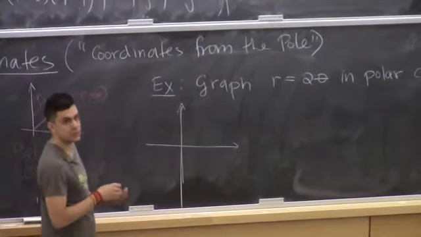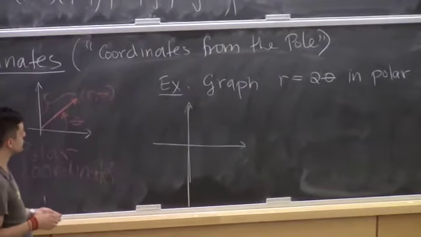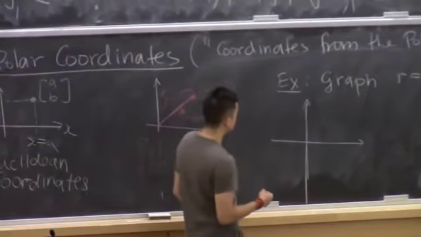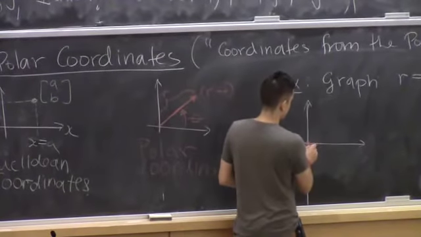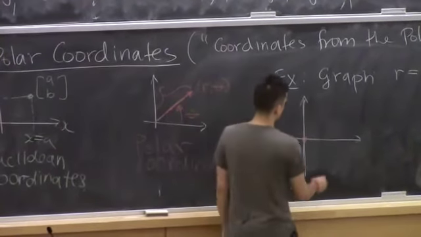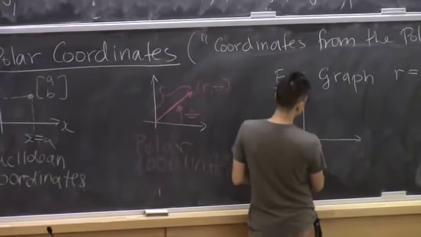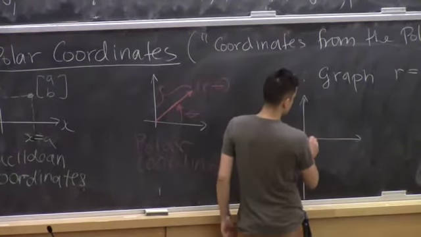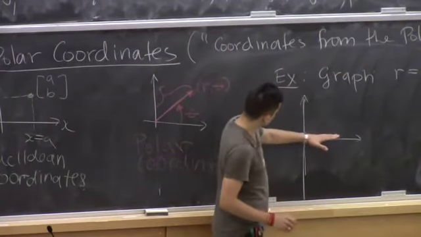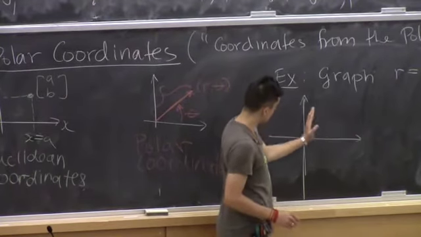So to plot points and to graph things in polar coordinates, we proceed much the same way as we would in Euclidean. We start off with sort of a game of connect the dots. So here we'll start off at 0, 0. And we care about measuring angles positively from that axis up.